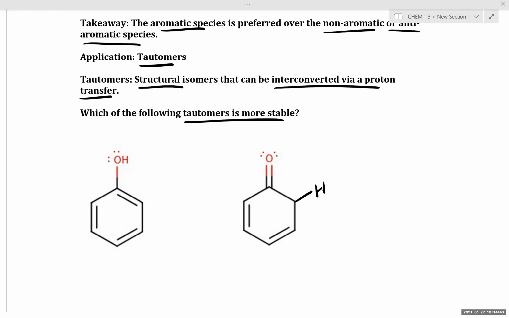Really try to think about this in terms of aromaticity. Which of these two tautomers, A or B, is more stable and lower in energy?